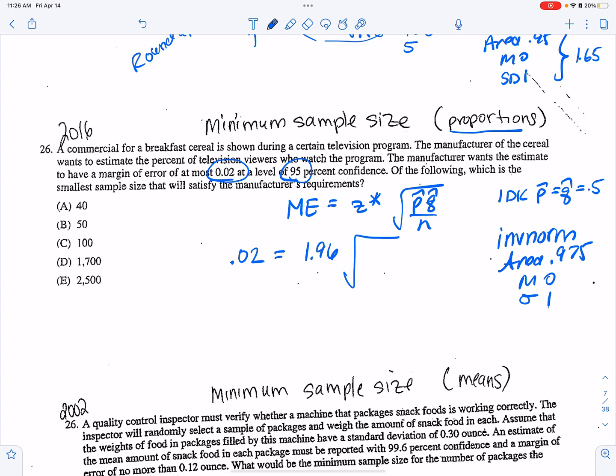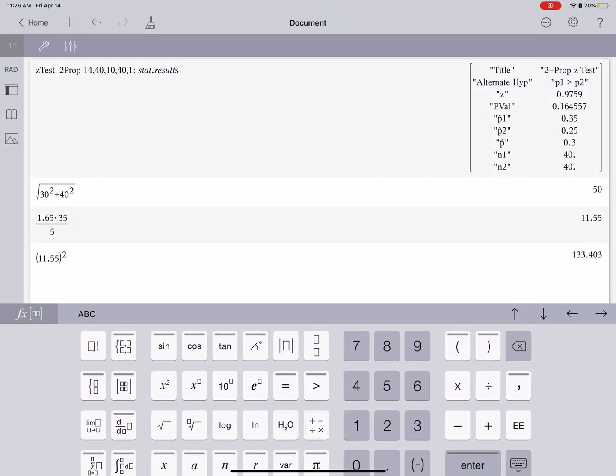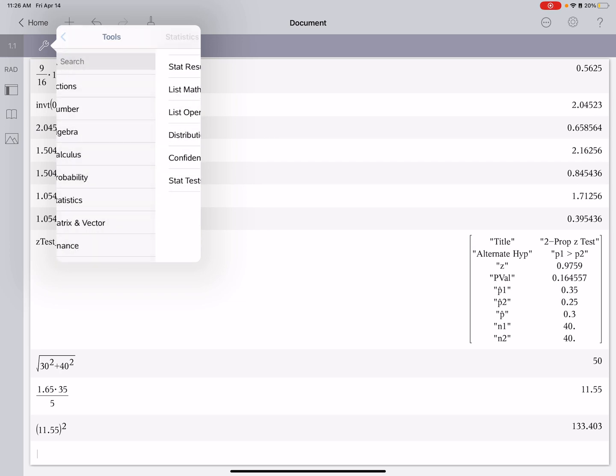And then times p hat, let's see what it says. Television estimate percentage here. It doesn't give me a p hat q hat, so we are going to have to use 0.5 over n. And so if I put that in, you guys can just put it in NSolve.